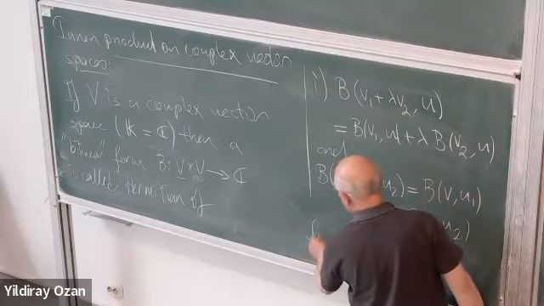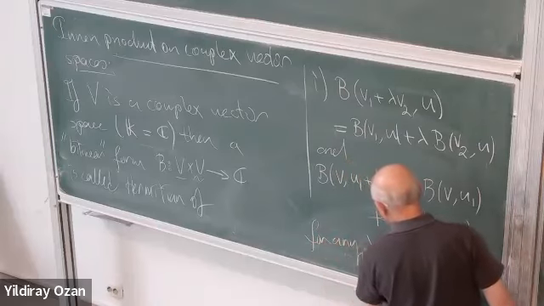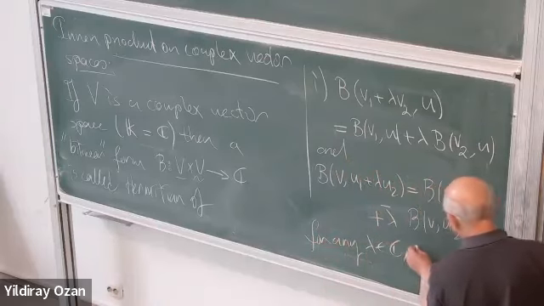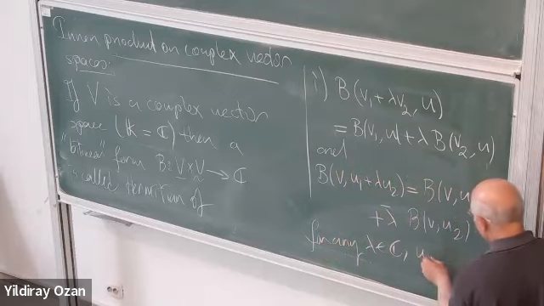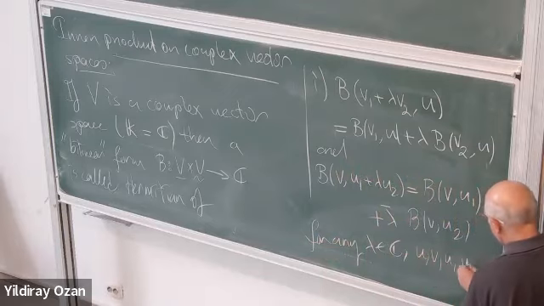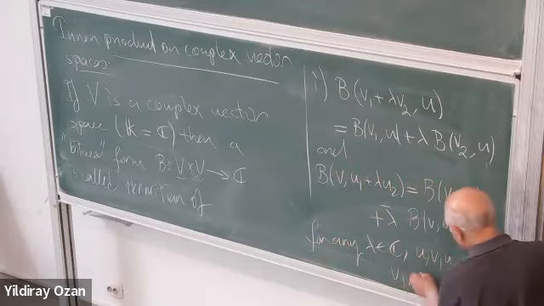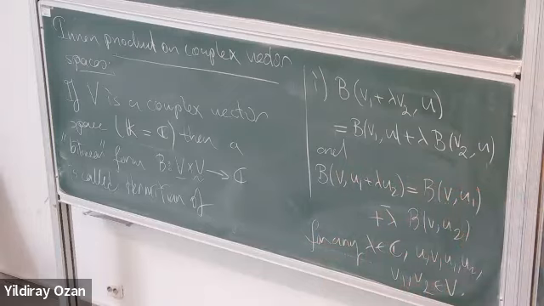This is true for any number in C and u, v, u1, u2, v1, v2 in this space. So linearity is given in this sense. Okay, it is linear in the first coordinate.